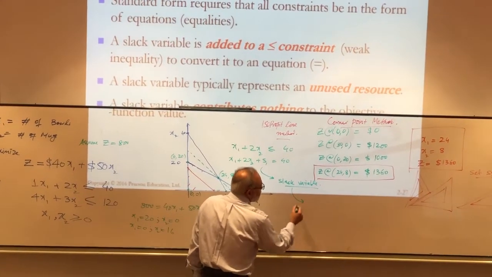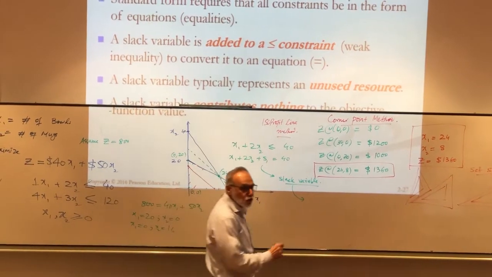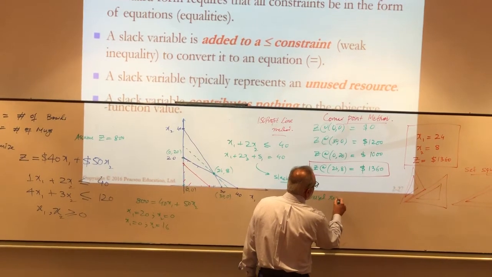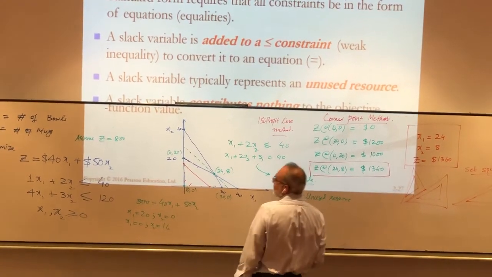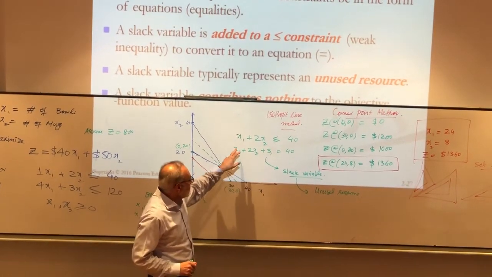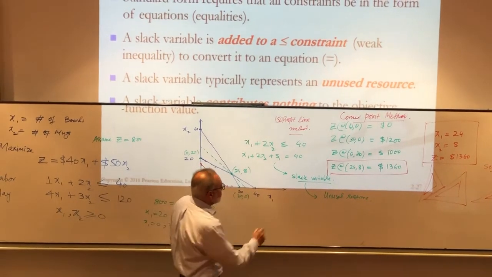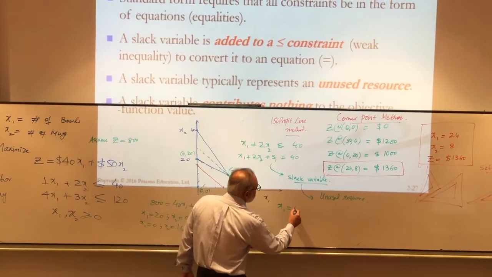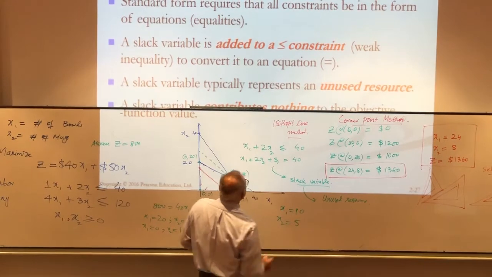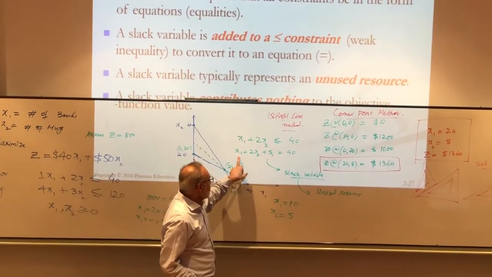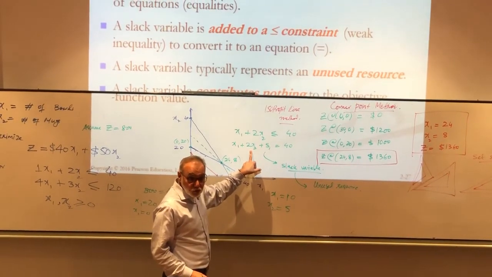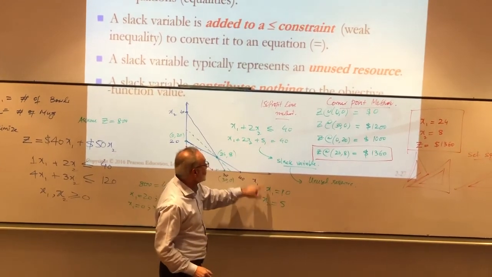Slack variable has physical meaning also. Slack means unused resource. Okay, what was this resource? This was labor hours. Now, if for example x1 is equal to 10 and x2 is equal to 5, so x1 plus 2x2 is 10 plus 10, equal to 20.